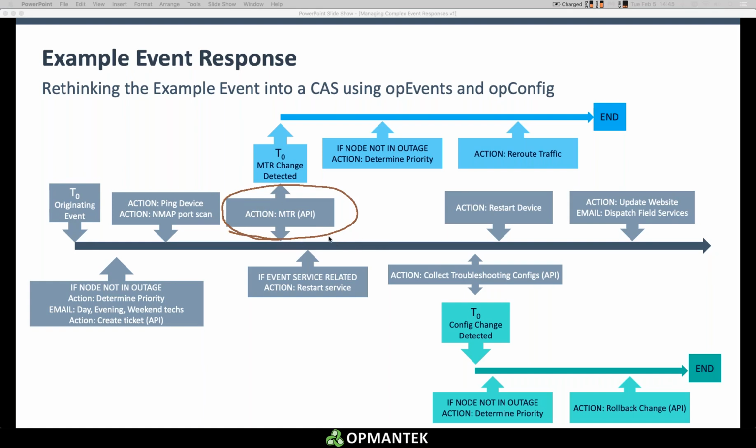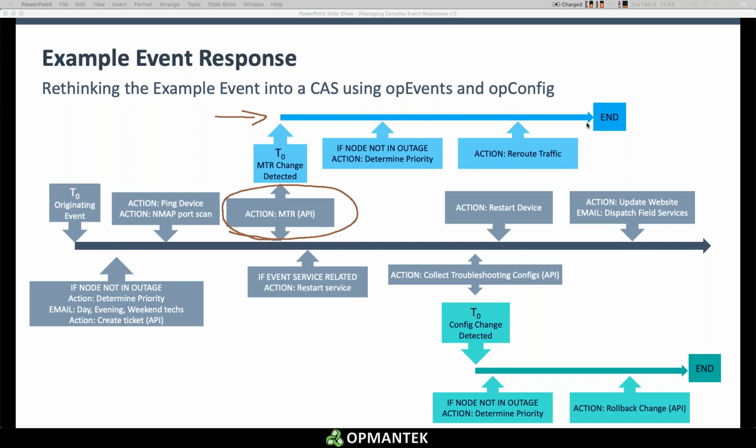When it pulls back the results of the MTR, it's compared to the last results, and that change may raise a change, creating a new event. So this blue line at the top is an entirely new event, separate from the dark blue one running down the middle.